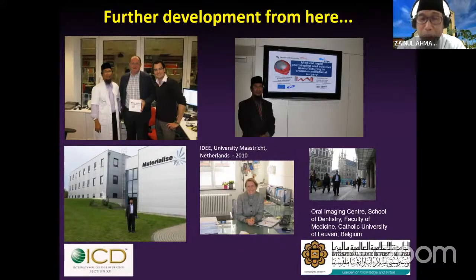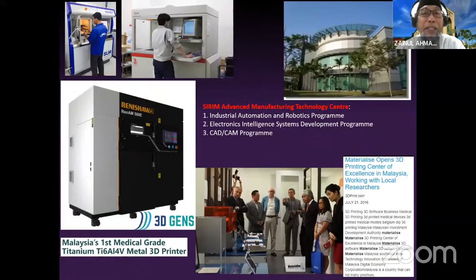So in Malaysia, we do have government agencies with some 3D printing machines. They are basically used for medical and also for industry. SIRIM is one of them. They have an industrial automation and robotics program, and an electronics, intelligence systems and CAD/CAM program. Also 3D Gens, which is owned by Dr. Izal. He bought the first medical-grade titanium machine, an EBM or electron beam melting.